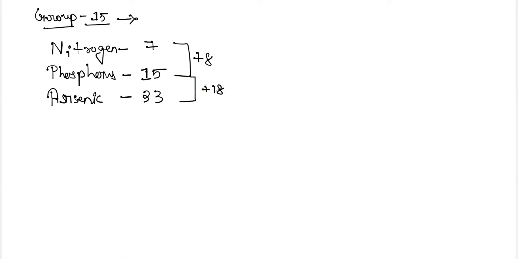15 plus 18, it will be 33. Then antimony, the value will become again plus 18, so it will be 51, and last will be your bismuth.